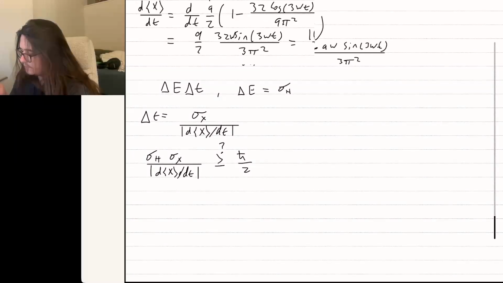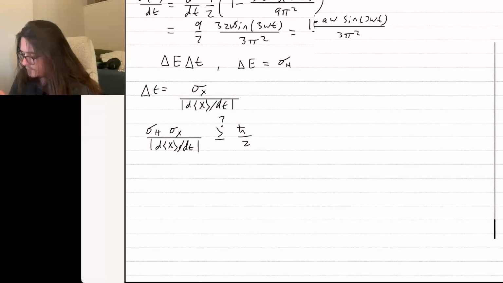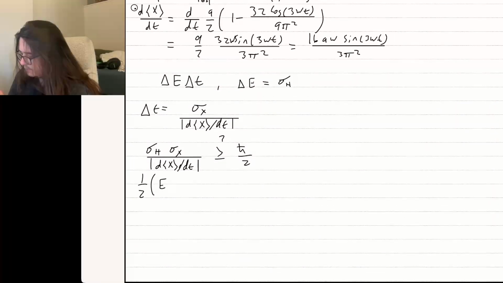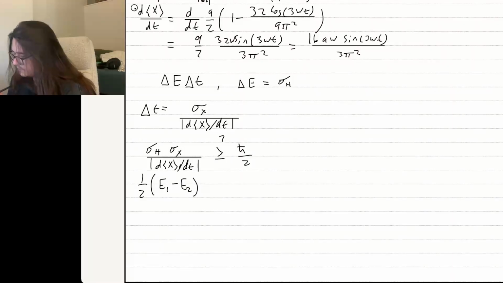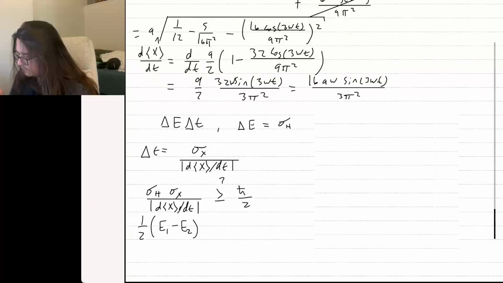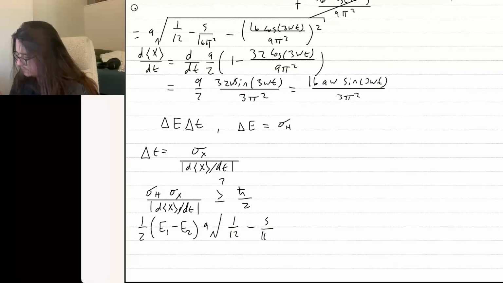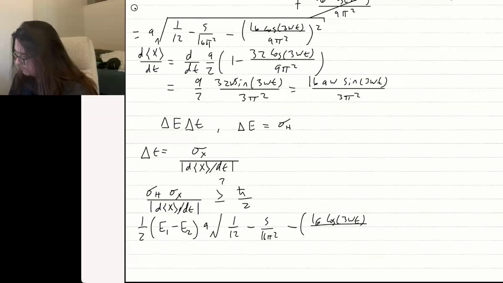So plugging in our expressions, sigma h, we got 1/2 (E1 minus E2). Sigma x, we got the square root of 1 over 12 minus 5 over 16 pi squared minus (16 cosine 3 omega t over 9 pi squared) squared.